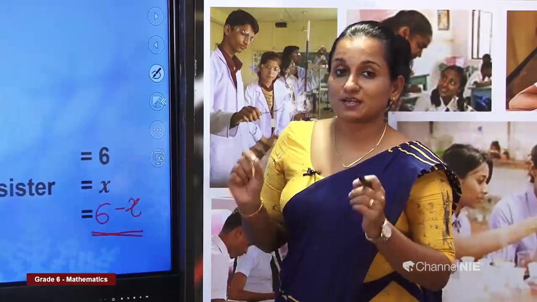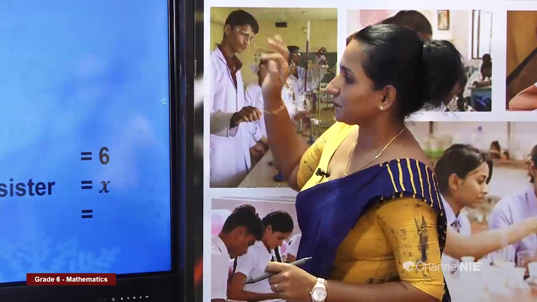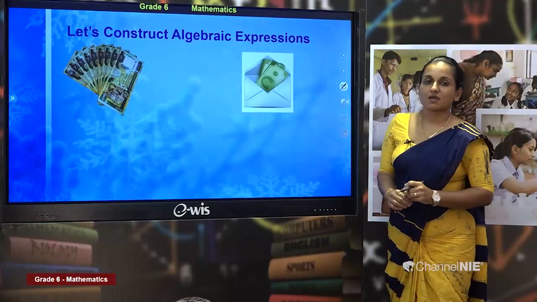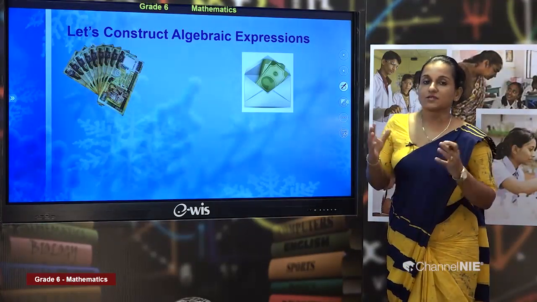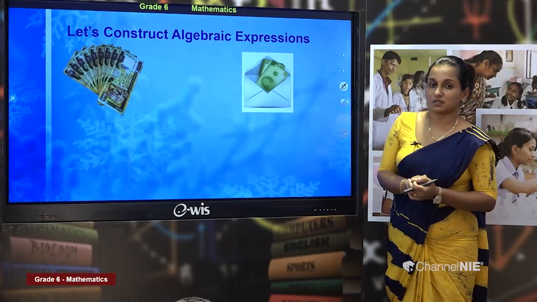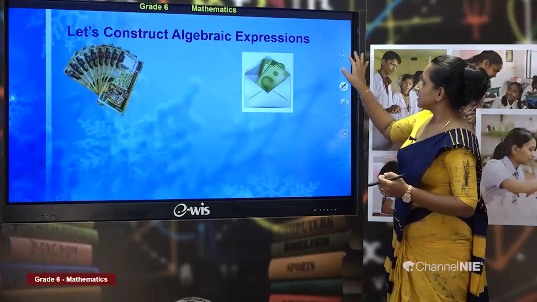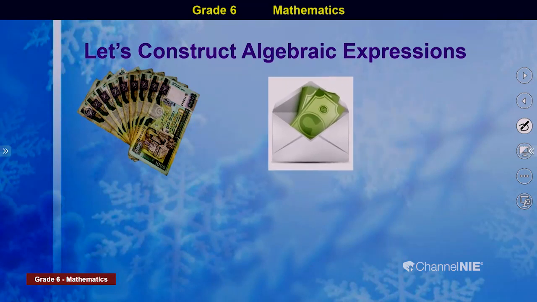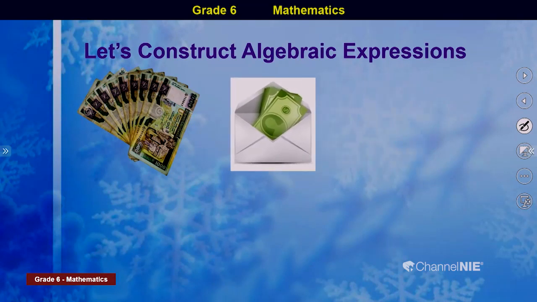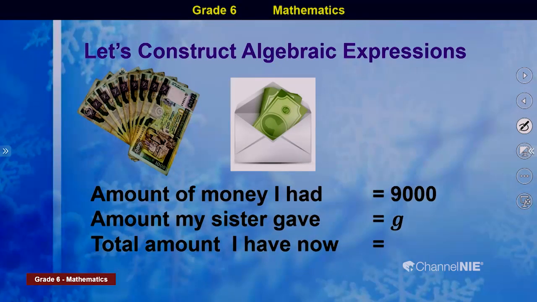Let's move to another example. I have 9,000 rupees with me. My sister gave some money to me. Now I want to write an algebraic expression for the total amount of money I have now. The amount of money I had was 9,000 rupees.